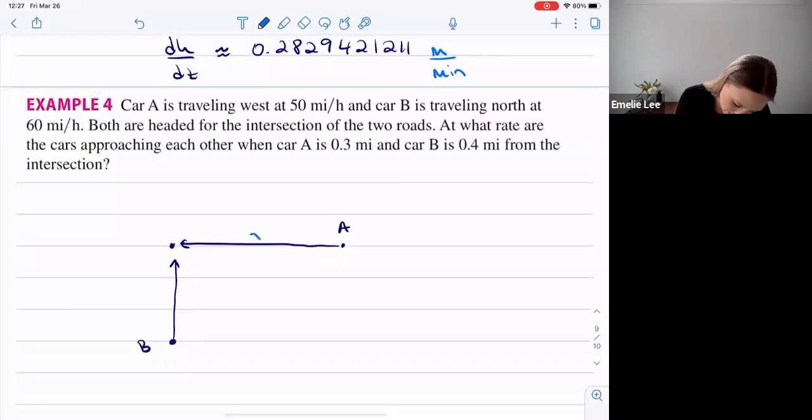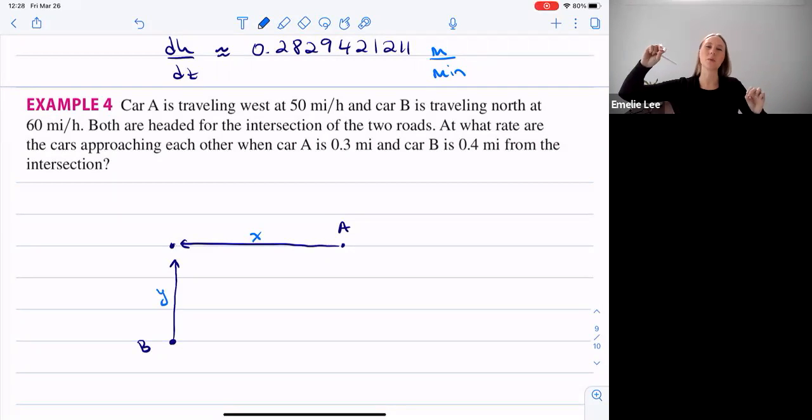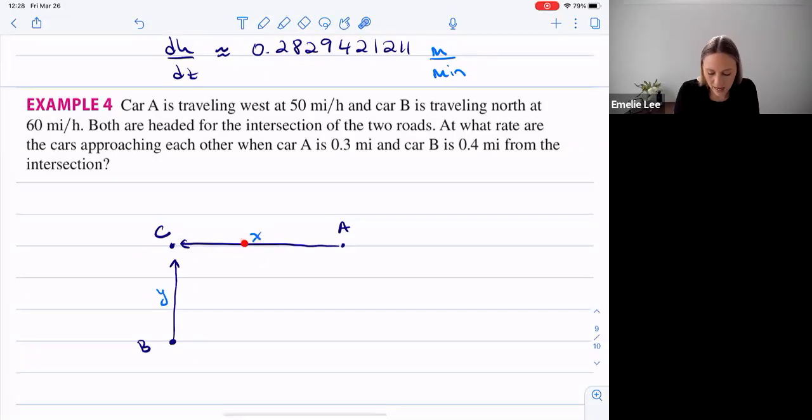So here I'll denote this distance as X and this distance as Y. Because A and B are both heading towards this intersection, let's call this intersection C. You don't really need to label the intersection, but it just makes it easier to talk about in general.